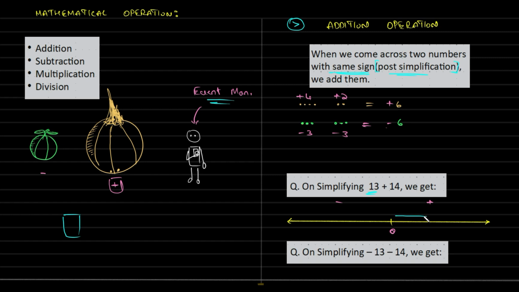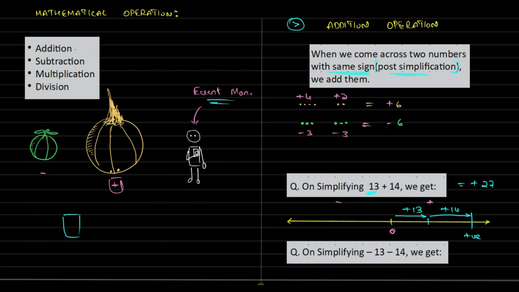Right. Plus 13, say he reaches over here. Plus 14, again, are we moving to the left or the right? Right. So plus 14 will give you a positive answer. So this answer is plus 27.